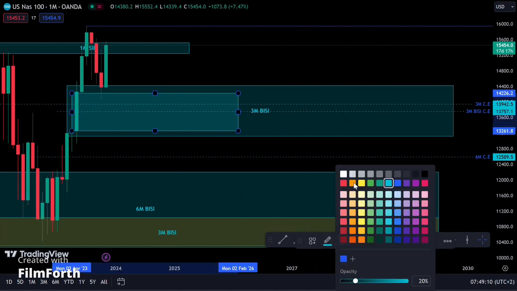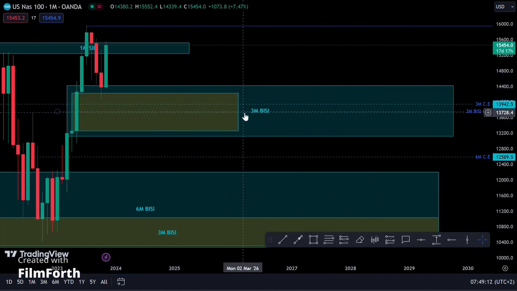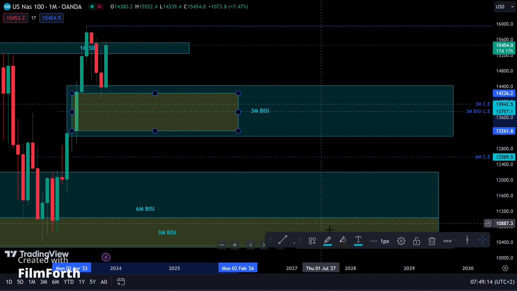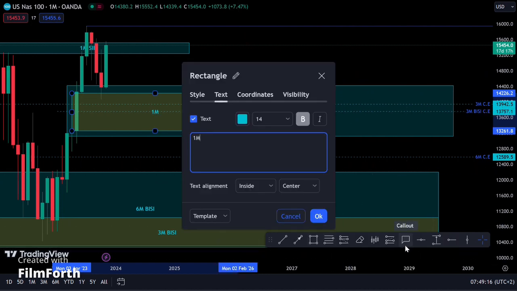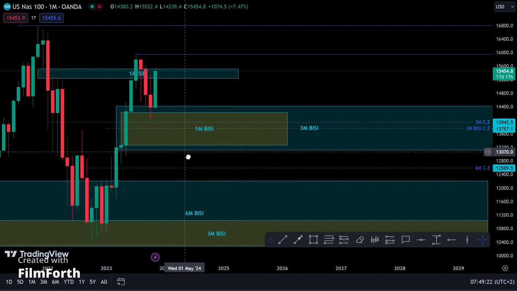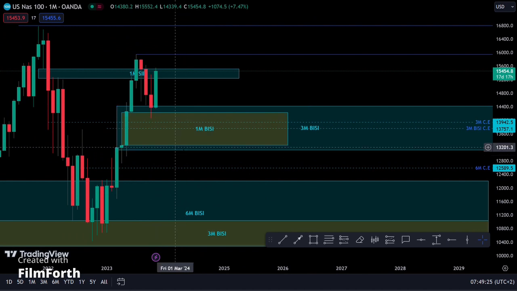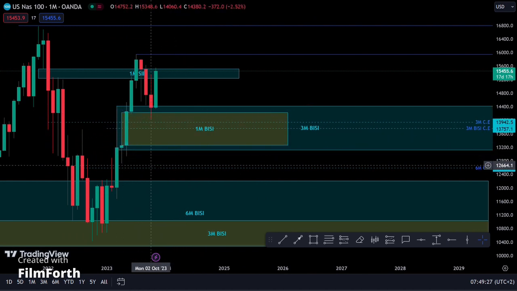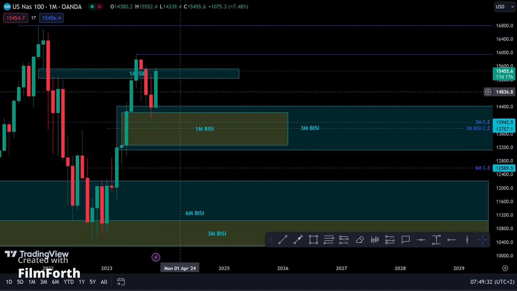Change color, put orange too. Okay. This is our 1 month. Let's see. No, yeah, it is. Sorry. Then the 50% mark of this is the 3-month BSI consequent encroachment. Yeah, that's not a coincidence.